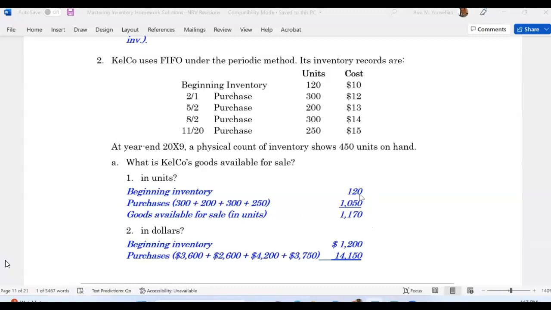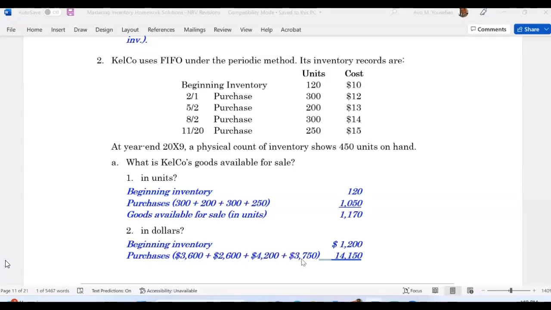So the beginning is 120. We purchased 1,050. Available for sale is 1,170 units. How about in dollars? The beginning was 120 times 10, which is 1200. The purchases were 300 times 12, 200 times 13, 300 times 14, 250 times 15.